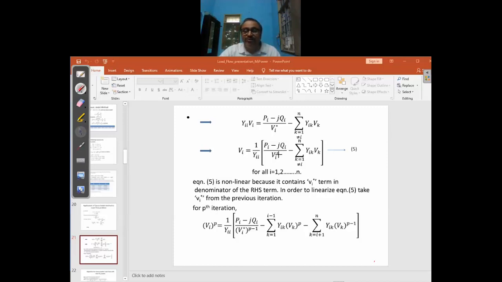So here is the nonlinearity because this is 1 upon Vi. In a linear equation we had seen that the terms should contain only the first power, that is Vi to the power 0 or Vi to the power 1, multiplied by a constant and just summed. This is not a linear equation, and we could try to linearize it, but forget about it right now. You don't need to care much about it.